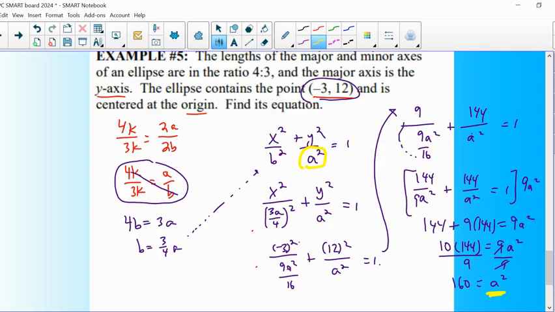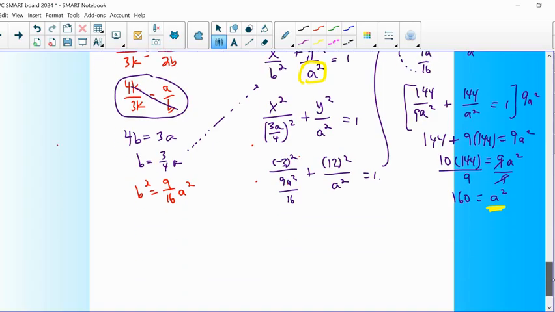And then for our b squared, since we know that b is 3/4 of a, and if I square both of those, that means b squared equals 9/16 of a squared, and we know what a squared is. We could easily find b squared.